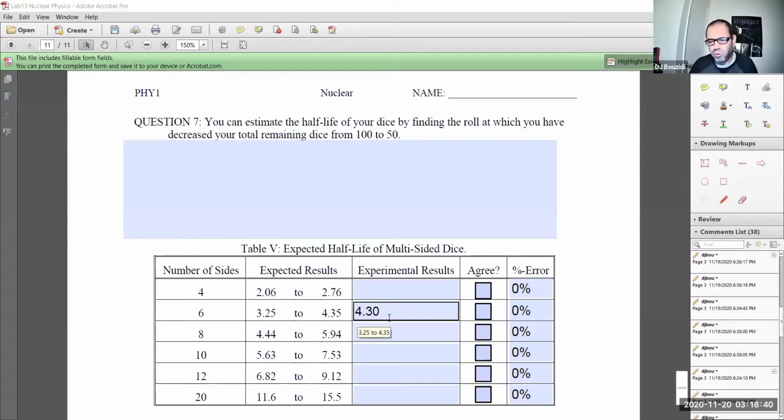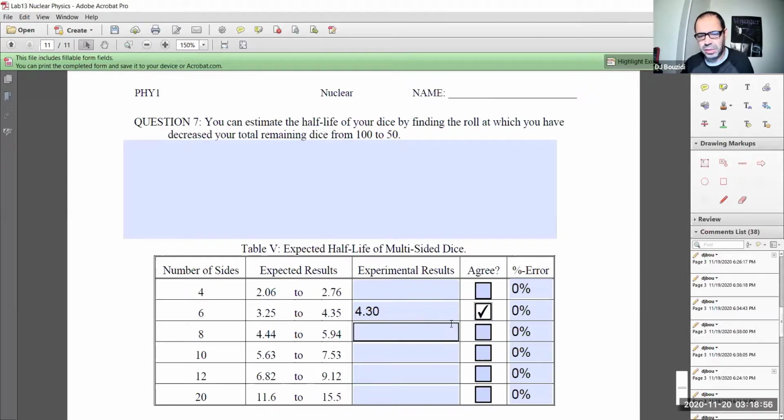The reason I'm saying this is, oops, I'm not sharing my screen. Yeah, it's around 4.3, because it was 53 at 4 and 45 at 5. So it was closer to 4 than 5. So I would say it agrees in this case, okay?